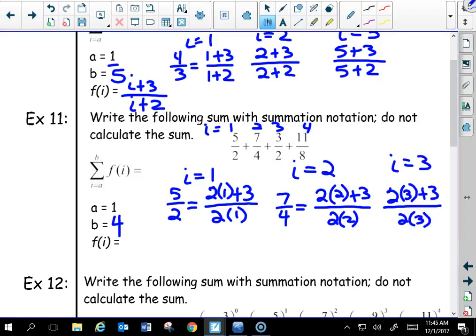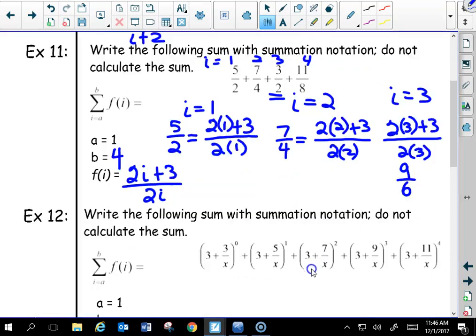That will give me, 2 times 3 is 6 plus 3 is 9/6, which definitely reduces to 3/2. And I'm not even going to worry about the last one because I know this pattern works. My pattern is 2 times I plus 3 over 2I, and we're done with that problem. I'm going to end this video. See you on the next one.